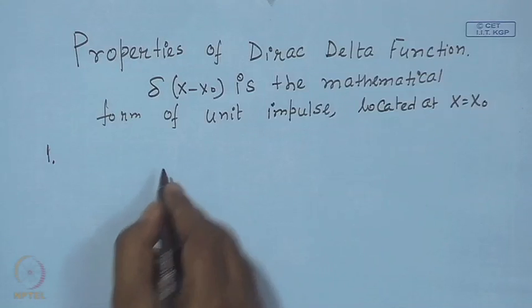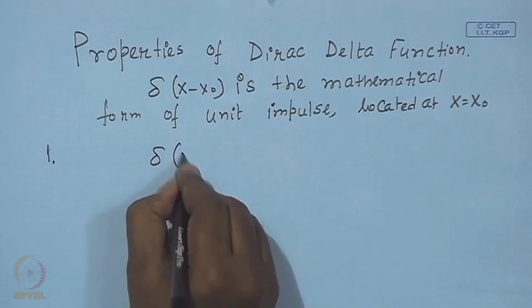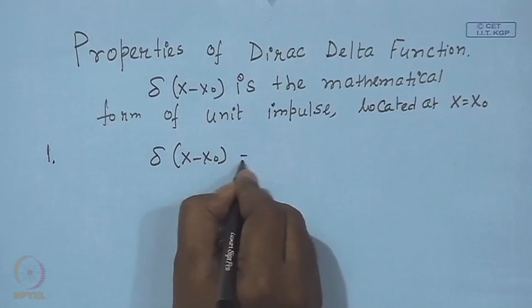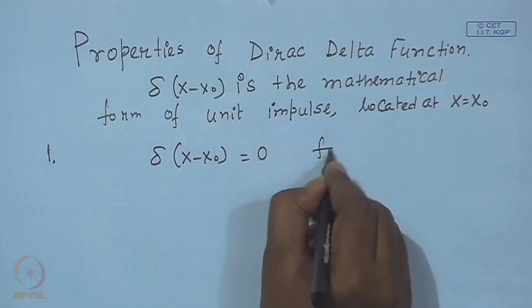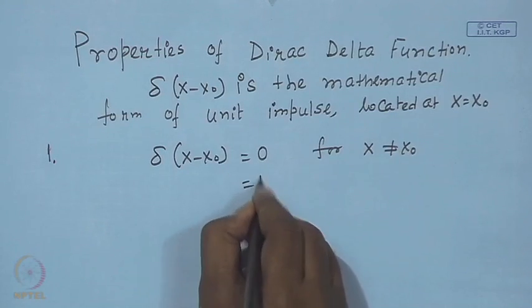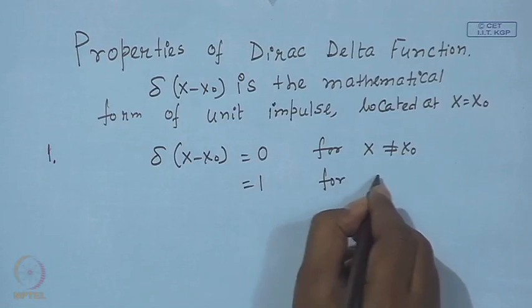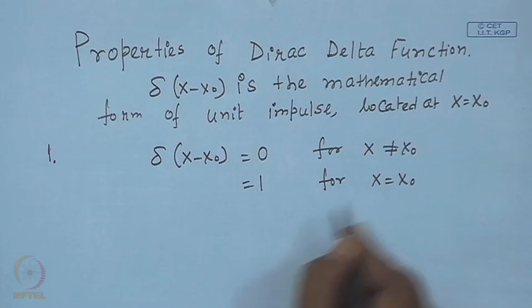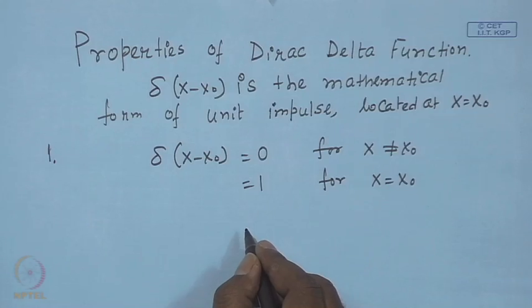The first property it should have is that delta(x minus x0) must be equal to 0 for x not equal to x0 and it is 1 for x equal to x0. So, therefore, this is the property of unit Dirac delta.